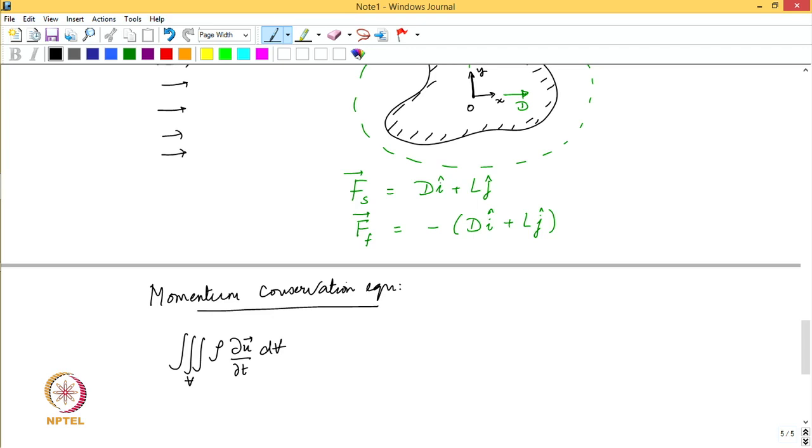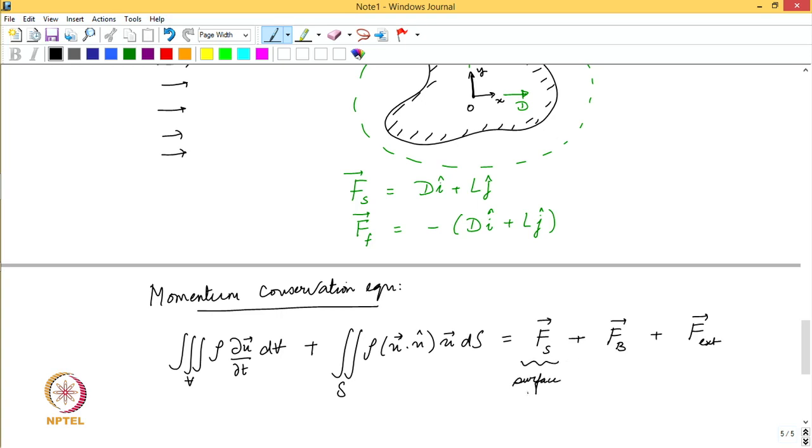So, we will say it is rho du dt dv plus the surface integral over S of rho u dot n times vector u ds. This should be equal to the sum of the surface forces plus the body forces plus any external forces on the fluid. So, this is surface force on the control volume, these are body forces, and then we have external force.